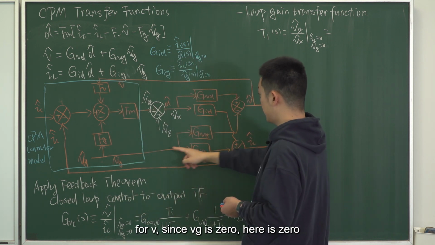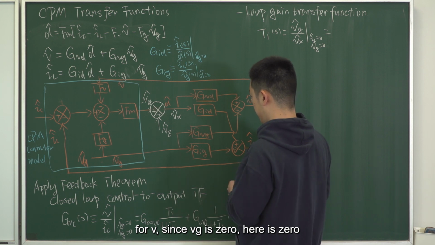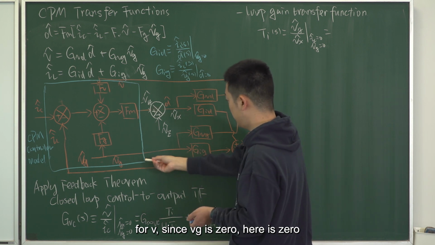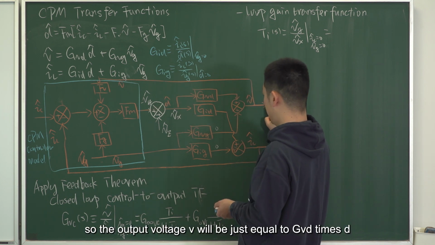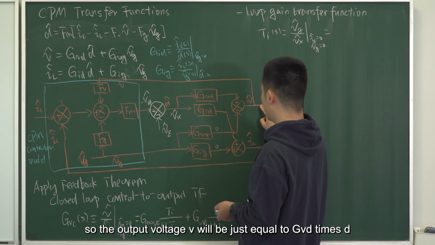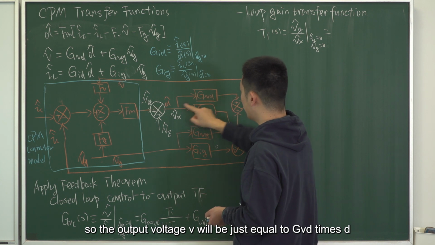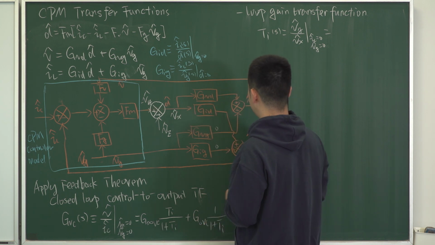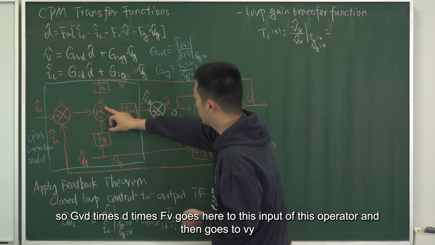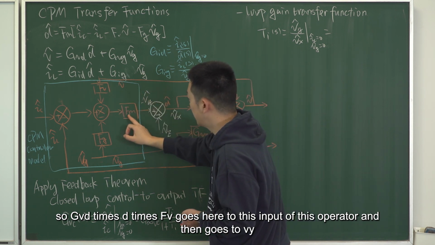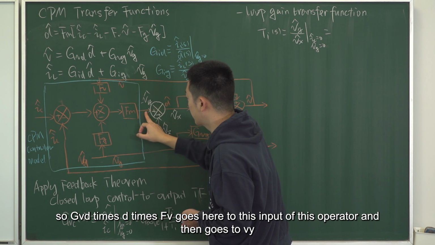For V, since Vg is 0, here is 0. So the output voltage V will be just equal to GVD times D. So GVD times Vx times Fm, Fv goes to this input of this operator and then goes to Vy.